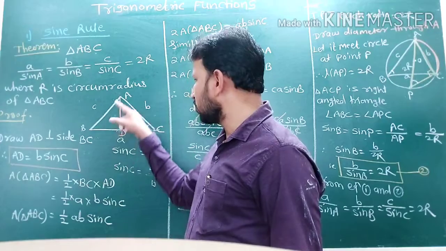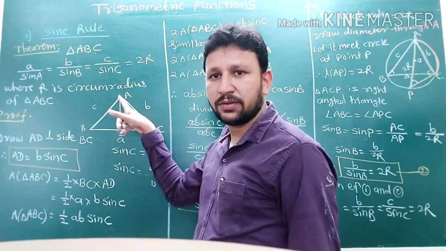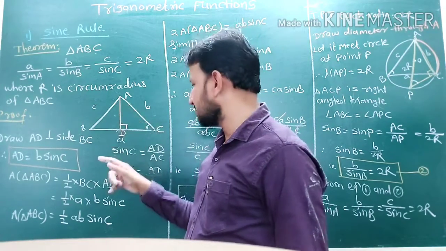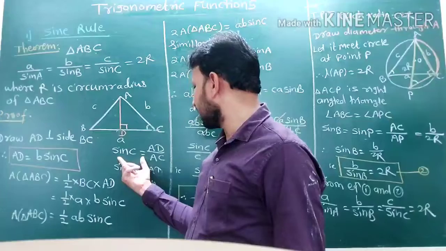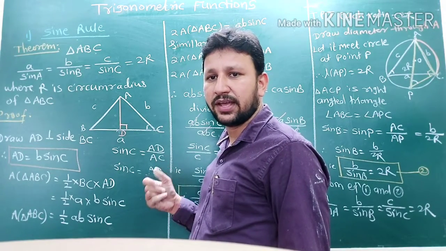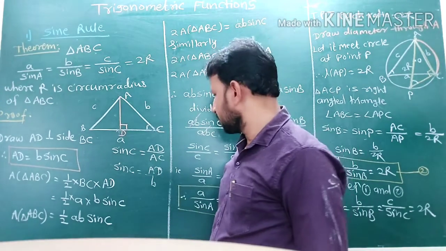Construction part: draw AD perpendicular to the side BC. Then we measure the height of the triangle using the trigonometric function sine. Sine of angle C equals opposite side upon hypotenuse, that is AD upon AC. Ratio is obtained: AD upon b.